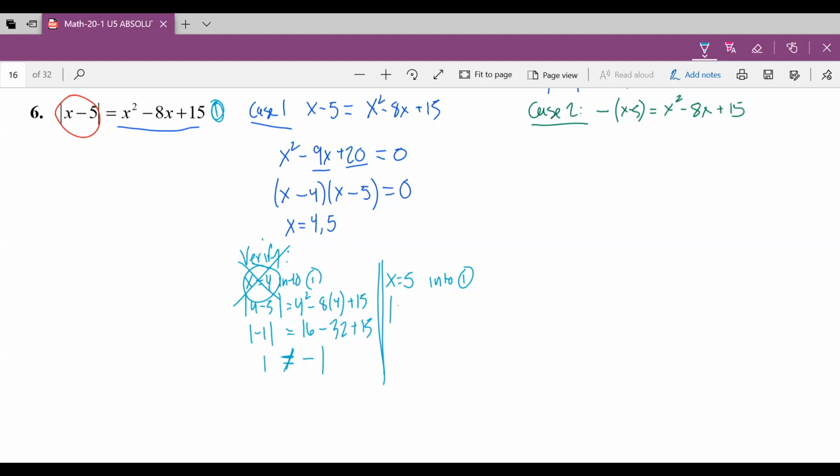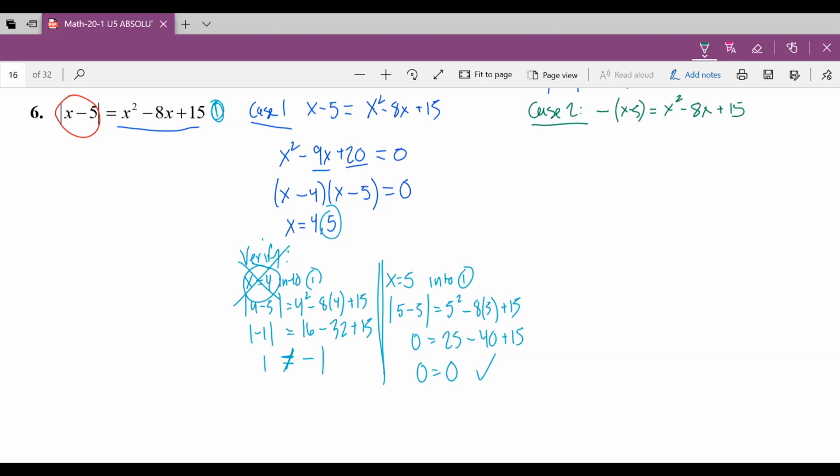We have the absolute value of 5 minus 5 equals 5 squared minus 8 times 5 plus 15. 5 minus 5 is 0, and the absolute value of 0 is still 0, equals 25 minus 40 plus 15. Well, that looks to be equal to 0, and that looks to be a proper solution. So it looks like x equals 5 is good, x equals 4, not so much.